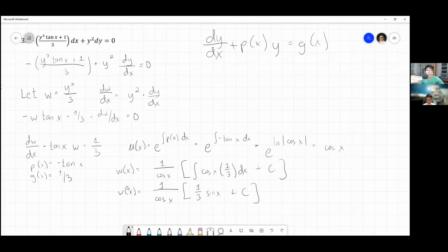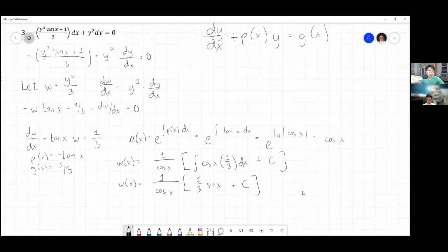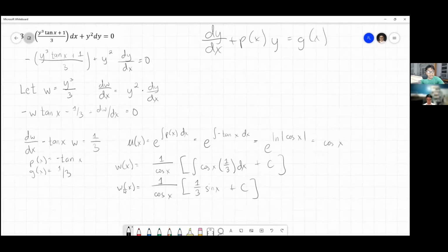Okay? And ito yung ating w. Pero ang kailangan natin is y. So, yung w natin is equal to y cubed over 3 as per our substitution. So, substitute natin siya, evaluate natin siya pabalik.